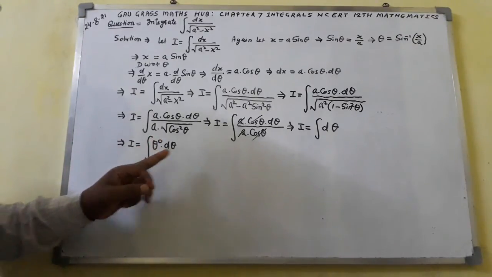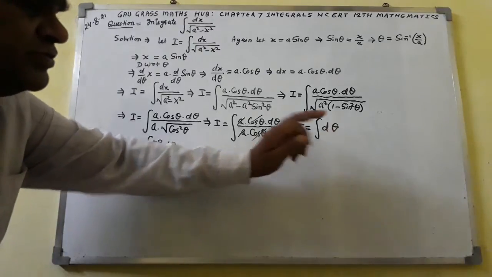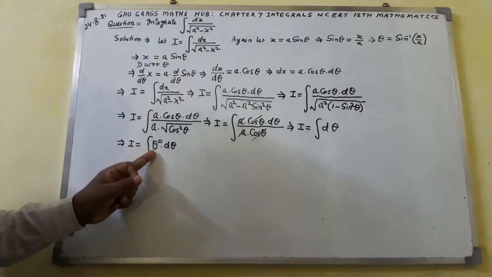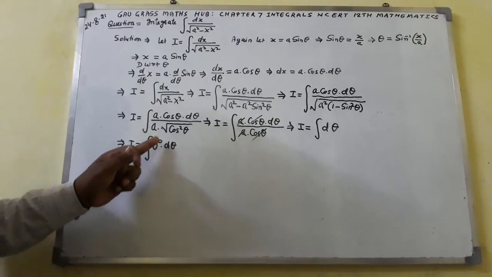So 1 multiplies d theta, and in place of 1 I can write theta raised to the power 0.